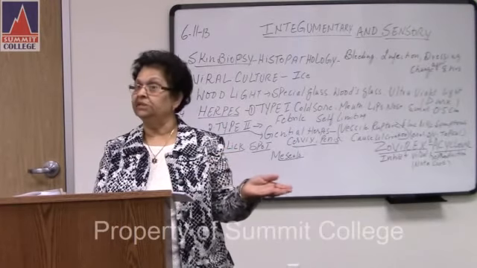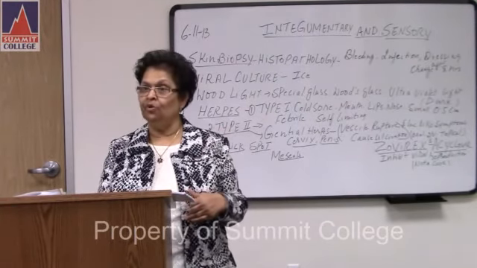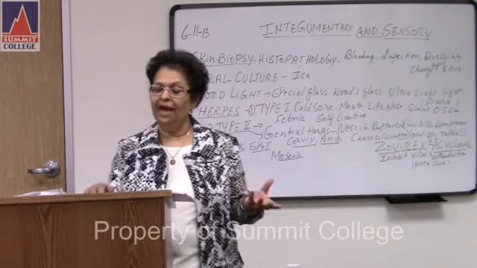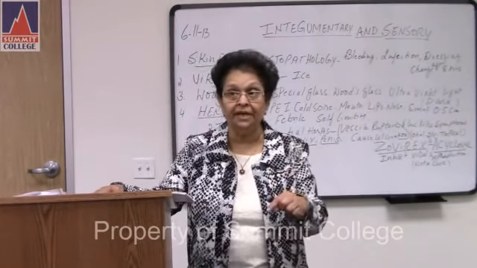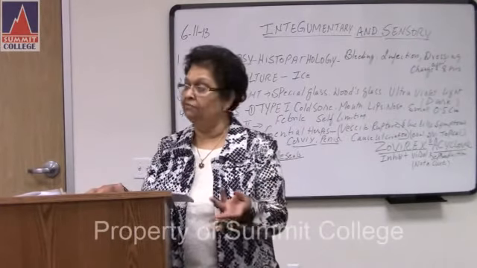Epidermis is the first layer, dermis is the second layer, and as you go deeper, you go under the skin. What do we have after the dermis? Subcutaneous. Go deeper, and you have muscles and tissue.